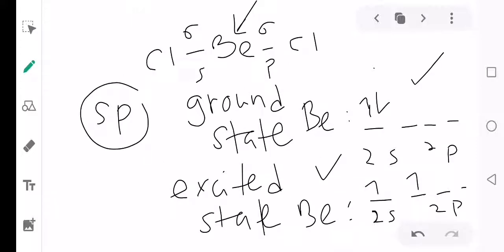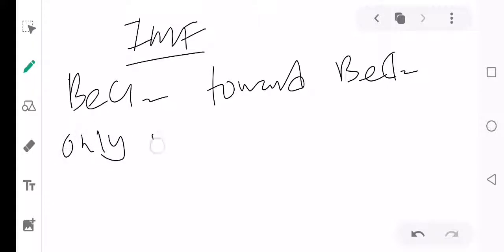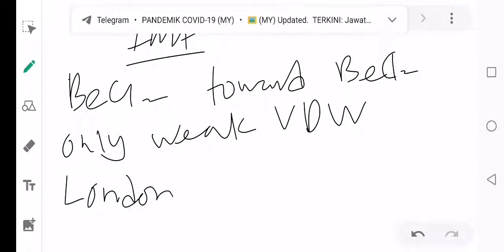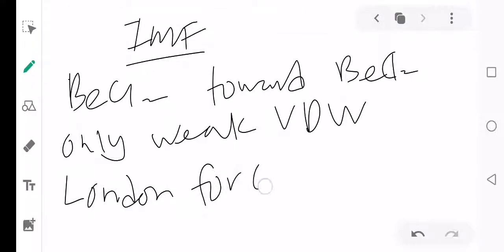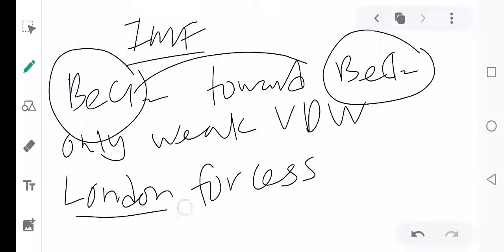So once you detect that this molecule is non-polar, you can say that between BeCl2 and other BeCl2 there are only weak van der Waals forces. There are London forces between BeCl2 and other BeCl2. Alright.